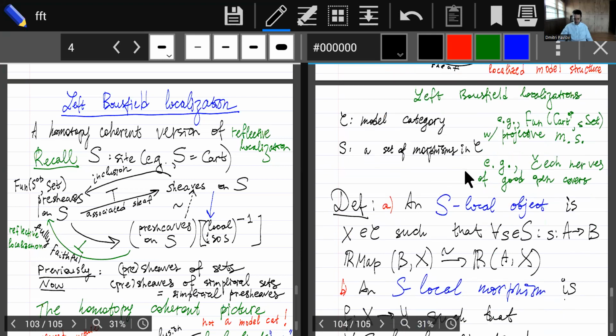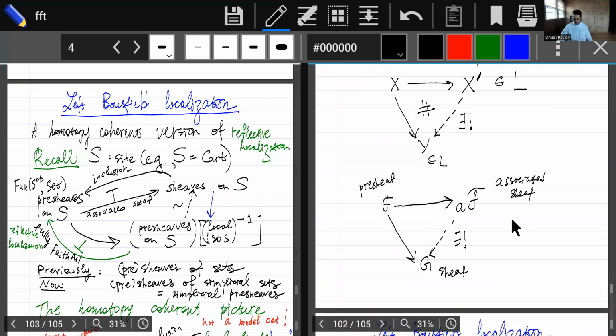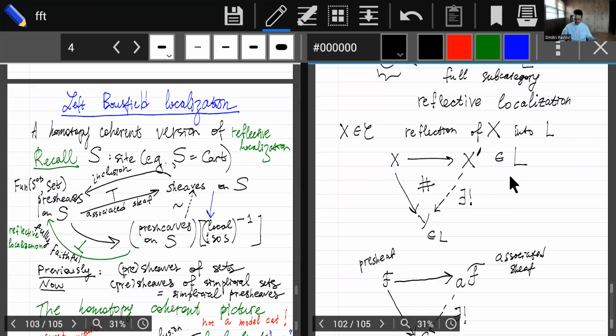So in fact, here are the precise analogs of what we just talked about, and maybe I should have very briefly mentioned that if you have a reflective localization, so here is your inclusion of local objects, here is the left adjoint. The left adjoint creates a class of weak equivalences on C, which allows you to write down a localization functor to the category of fractions.